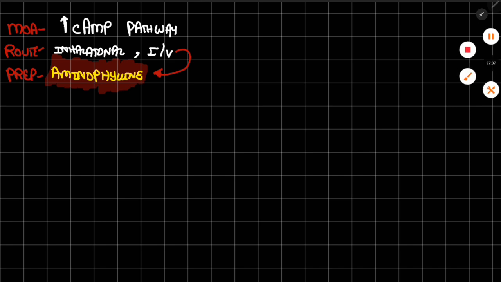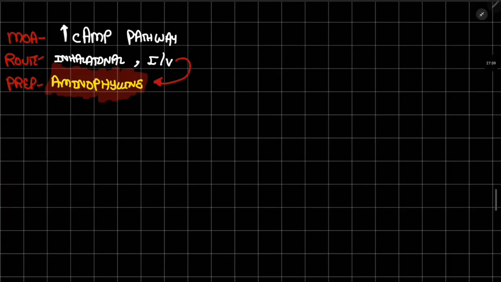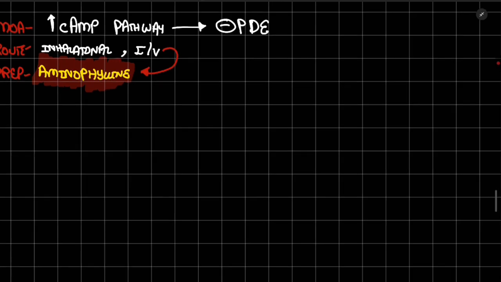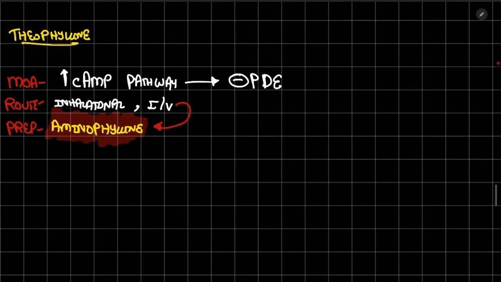So that was about theophylline. One thing to be added, it increases the cAMP pathway by inhibiting the phosphodiesterase enzyme. So the cAMP pathway is increased, and this completes theophylline.